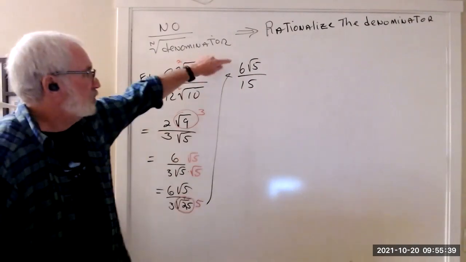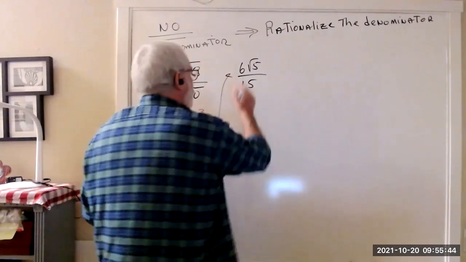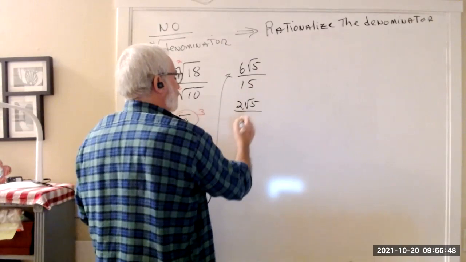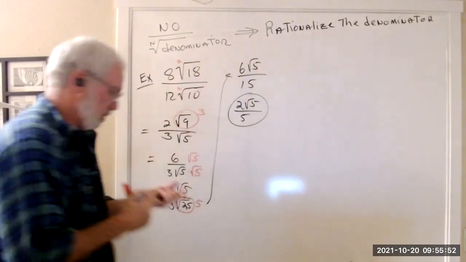Last thing, 6 and 15 reduce. 3 goes into 6 2 times. 3 goes into 15 5 times. That's the final answer. So they still keep reducing.